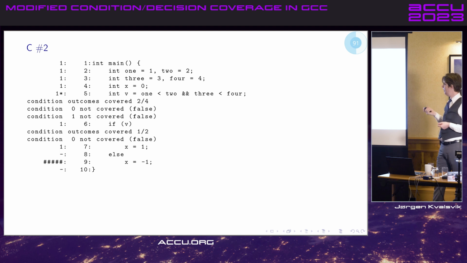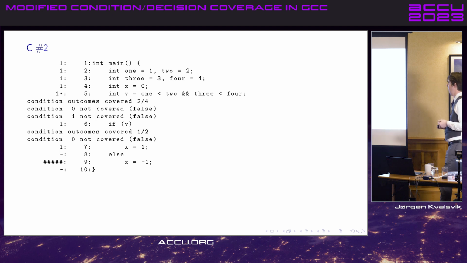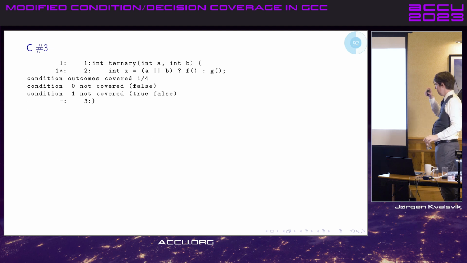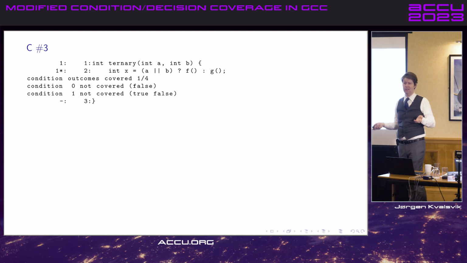More C. If you were to fold yourself into a variable, you still get a report for it. So this is pretty neat. And here you actually see the same behavior that we saw with the C++ front end. It works for ternaries, because ternaries are really just ifs and assignment.